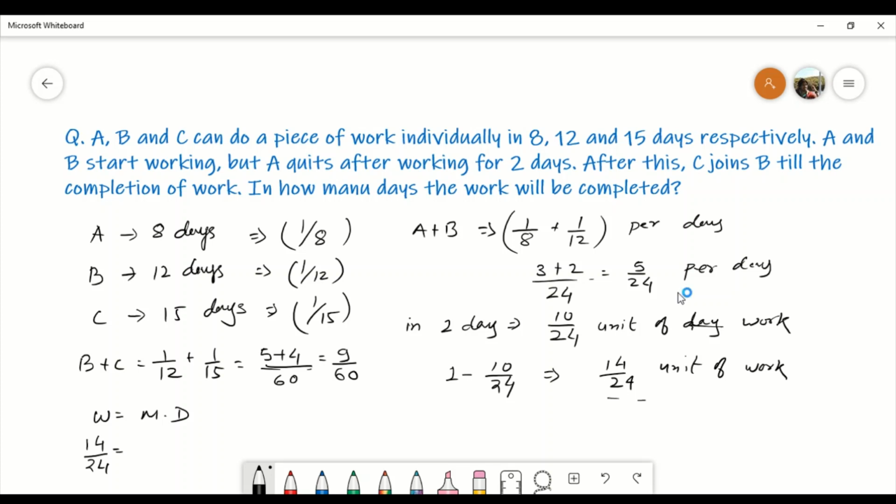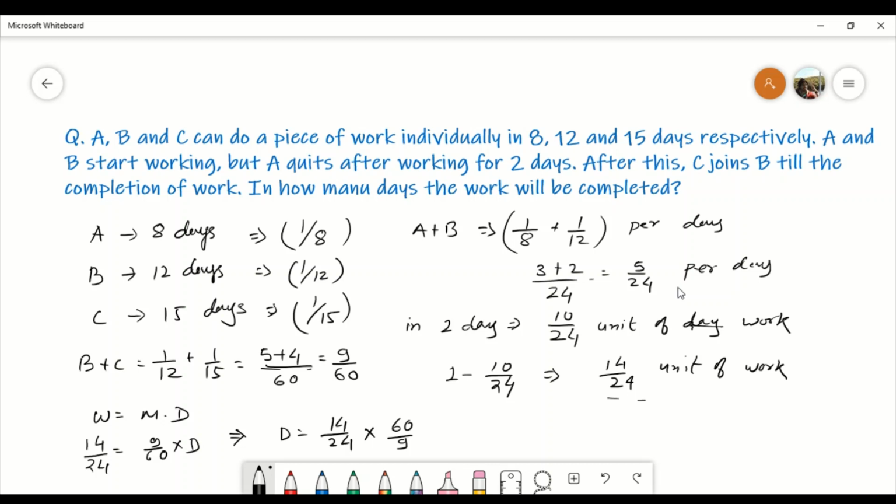Our work per day is 9 upon 60. So we have to calculate the D, right? So D is 14 upon 24 into 60 upon 9, right?